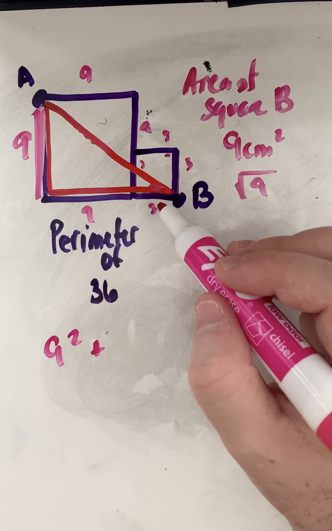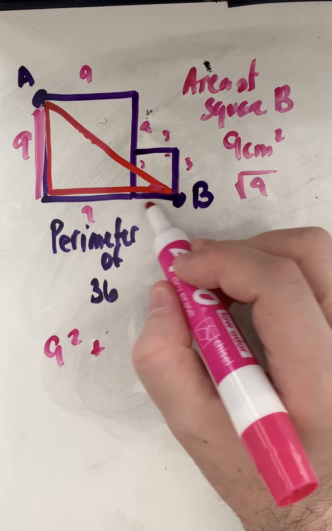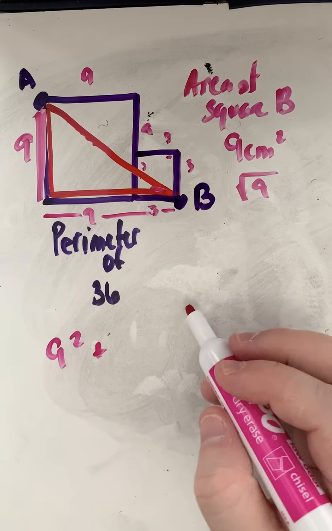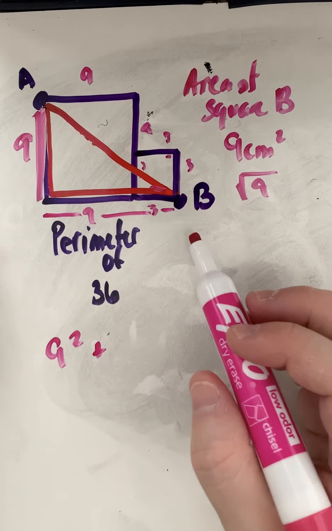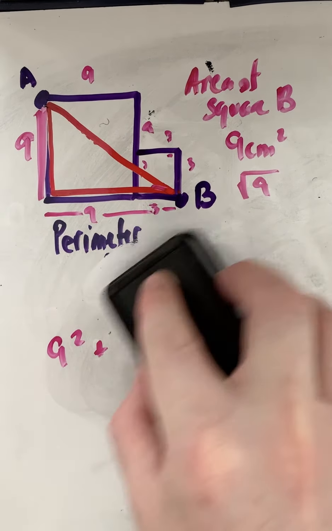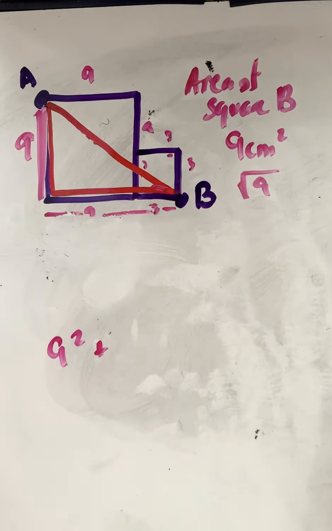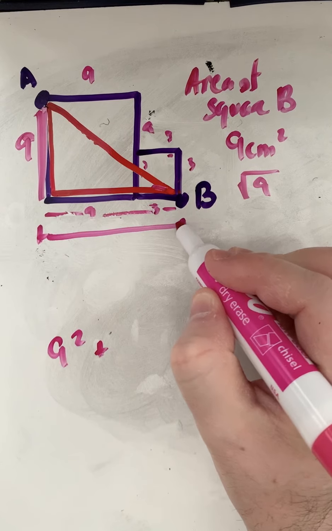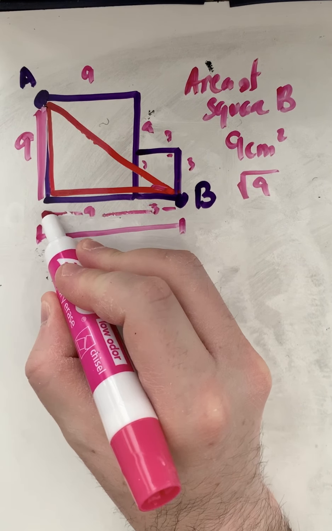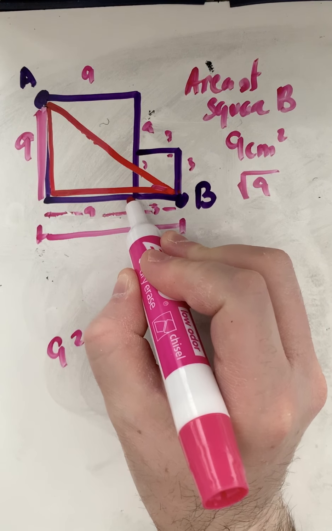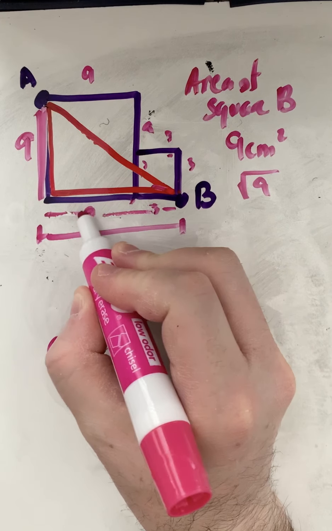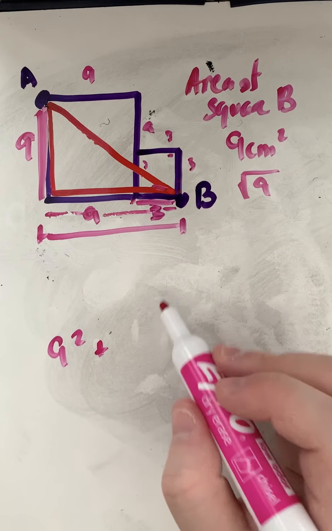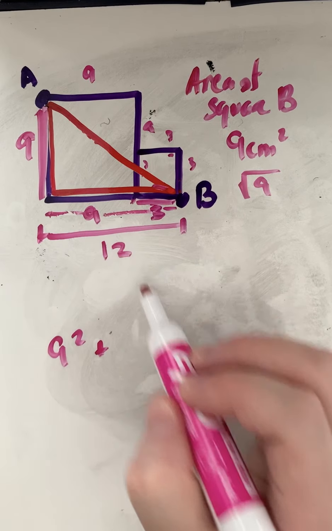So what do I know here? I know that my horizontal is actually going to be a little bit different. Now I'm going to erase this perimeter part so you can actually see. Here's where you need to do some thinking. If you know that from this side to the end of this first square is 9, and the smaller square's horizontal is 3, you know that the entire thing is 12, right?